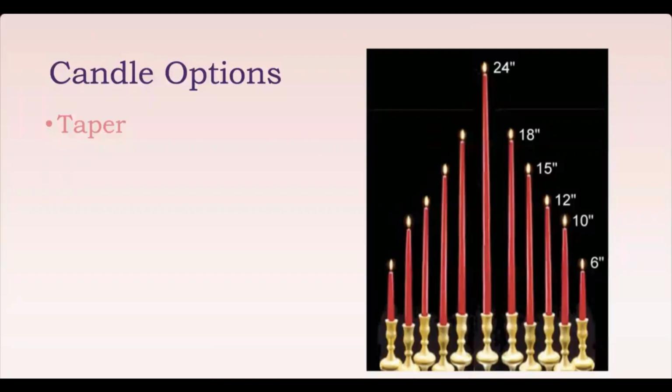For example, if you have to do a spell really, really quickly, you can choose a tiny taper or a birthday candle, and that candle will burn in 5 or 10 minutes. It won't take long to burn completely, and you can get your spell off and completed in that amount of time.